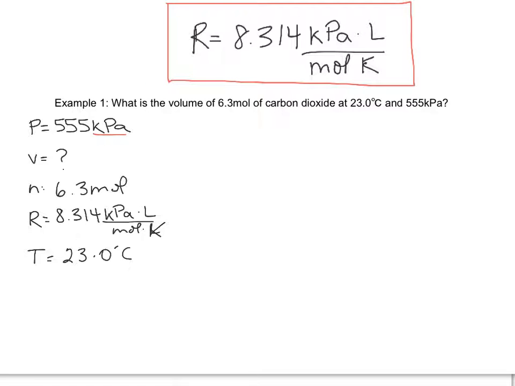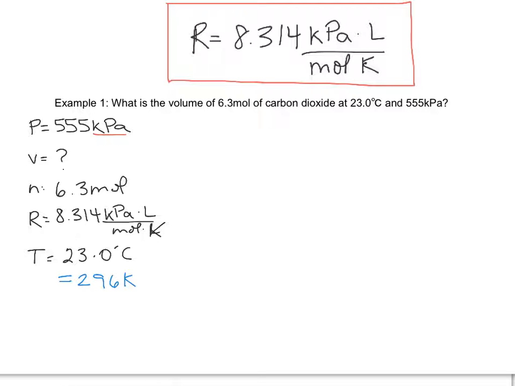So before we actually do any calculations, I first need to convert my temperature into degrees Kelvin by adding 273 to that. So 23 plus 273 is 296 Kelvin.